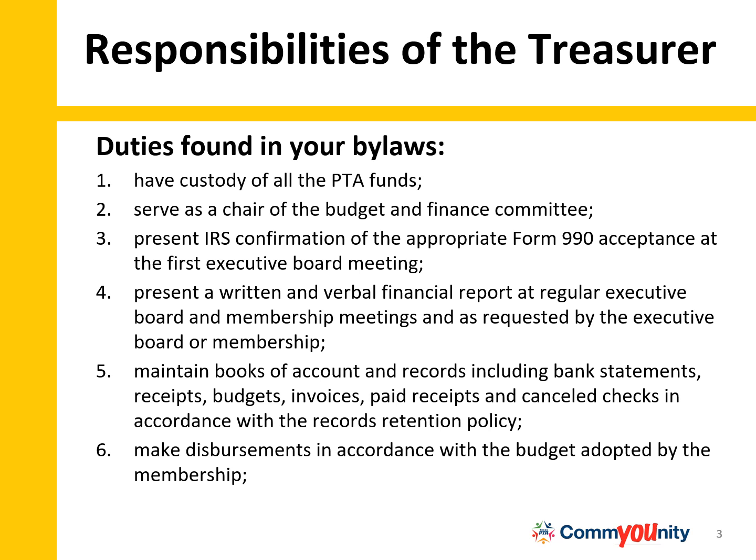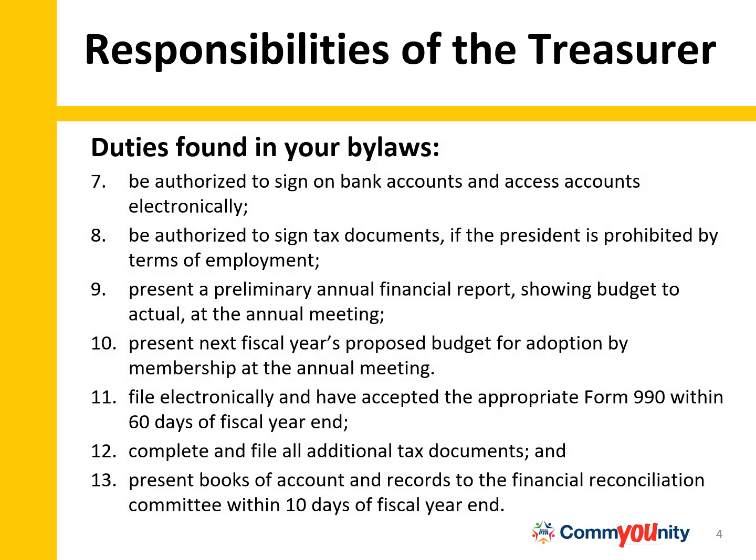retention policy, make disbursements in accordance with the budget adopted by the membership, be authorized to sign on bank accounts and access accounts electronically, be authorized to sign tax documents if the President is prohibited by terms of employment, present a preliminary annual financial report showing budget to actual at the annual meeting, present next fiscal year's proposed budget for adoption by membership at the annual meeting, file electronically and have accepted the appropriate Form 990 within 60 days of fiscal year end, complete and file all additional tax documents, and present books of account and records to the Financial Reconciliation Committee within 10 days of fiscal year end.